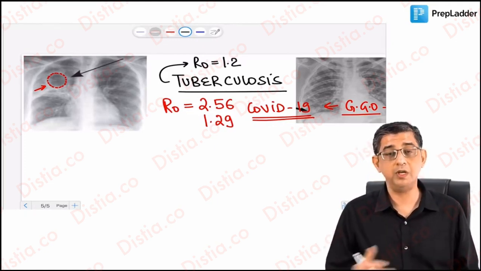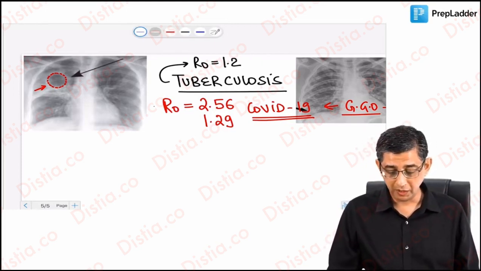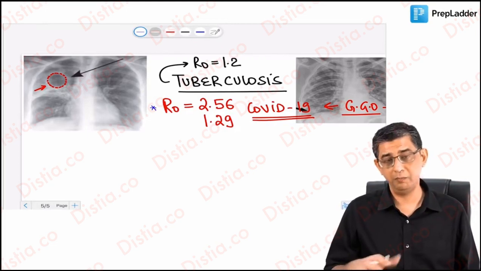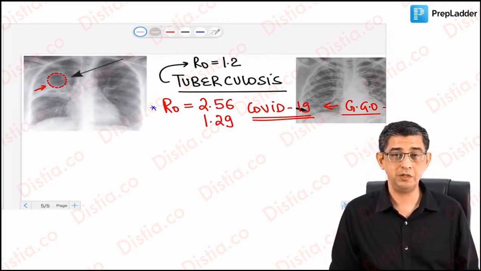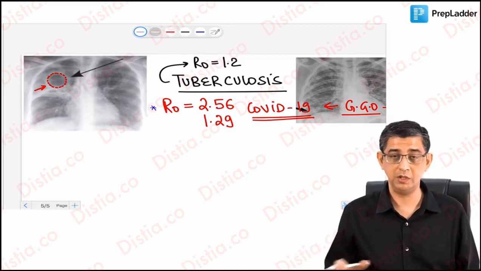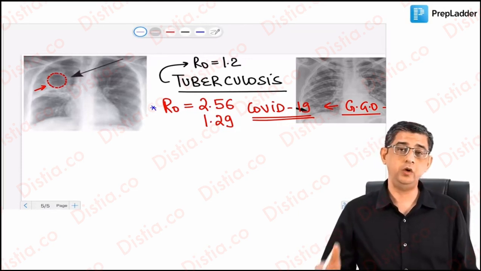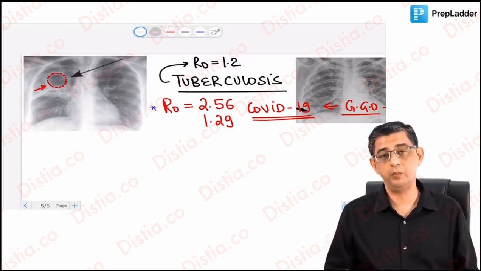Because the R0 even today stands at 1.2. Please take the R0 numbers I've told you as reliable, but if the PSM teacher gives a different R0 from what I have said, then follow the PSM teacher. This is what I've said for COVID-19 as of now, towards the end of 2020: the value given is 1.29, and for tuberculosis it is still 1.2.